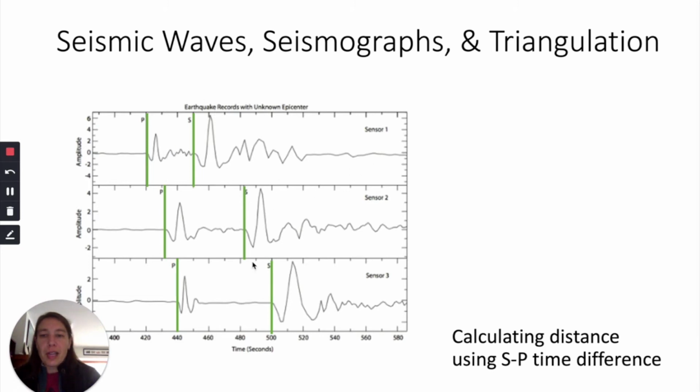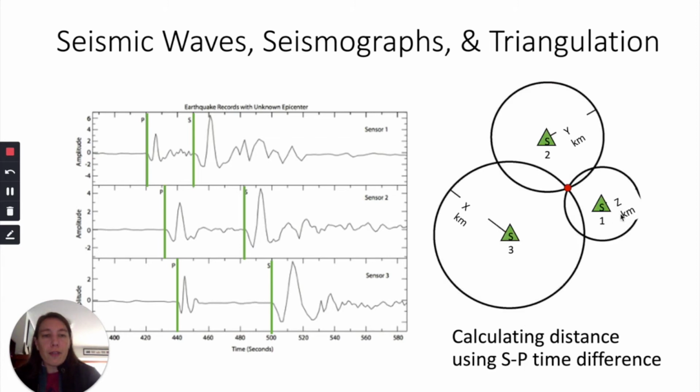So you can see for each of these locations, the distance on the graph, which is representing time in seconds, is different. So at sensor 1, it's the shortest, and at sensor 3, it's the longest. And that time span is directly related to the distance from the earthquake.